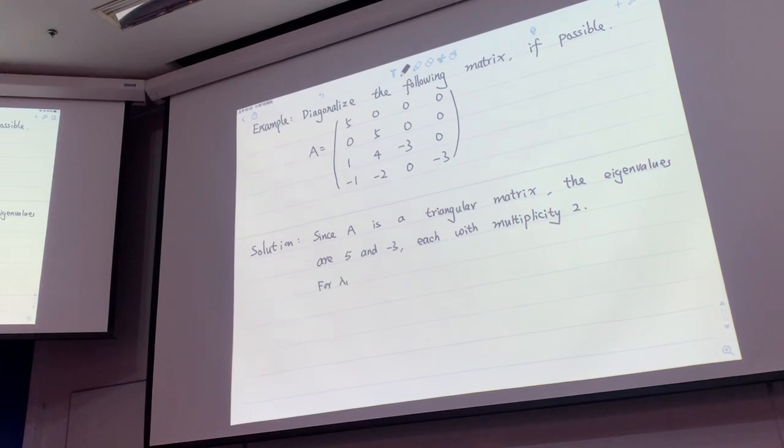For lambda 1 equal to 5, solve (A minus lambda 1 I) x equal to 0.